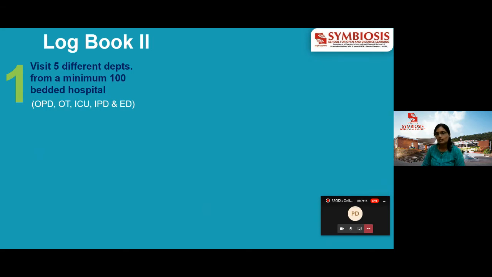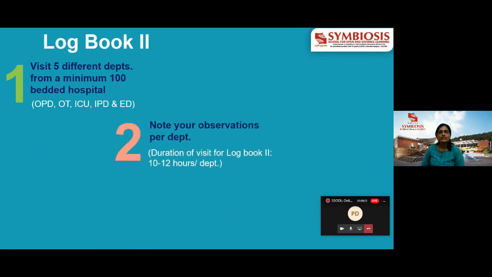You have to study these 5 departments for the logbook part. Then you have to note the observations as mentioned in logbook 2. The time to be spent on this activity is 10 to 12 hours per department. This time will be sufficient to note the observations and understand the planning and design parameters for a specific department.